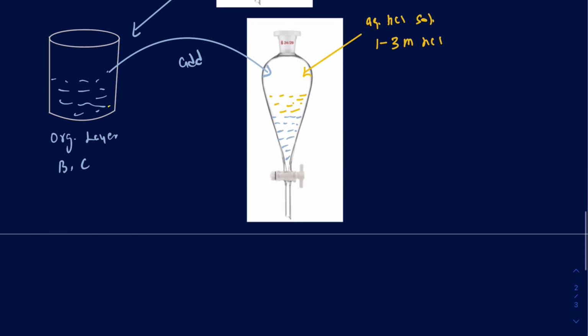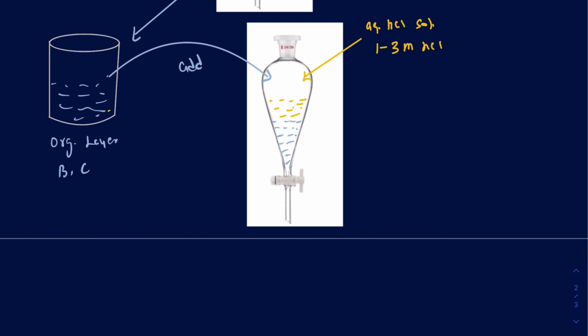So then right here in the aqueous layer, I would expect to have the conjugate acid of that toluidine. So I'm going to go ahead and write that down as a BH+ here. And then on the bottom here, I'm going to have still the naphthalene. So the C is still going to be in the organic layer.